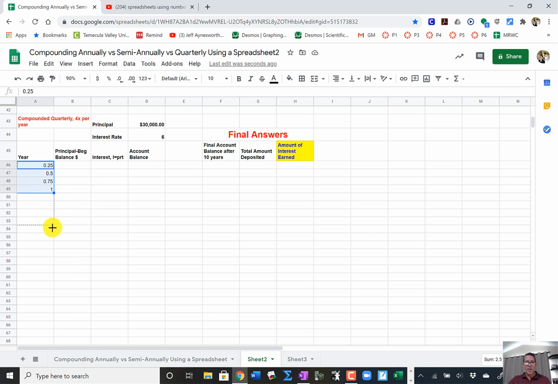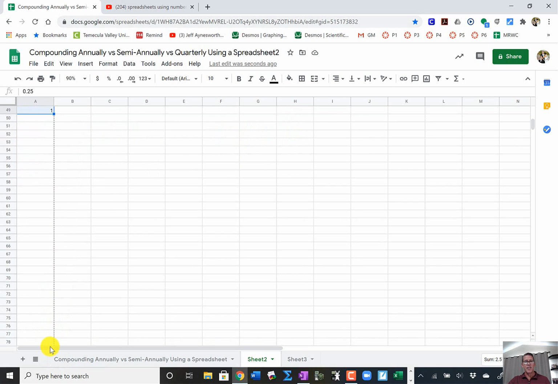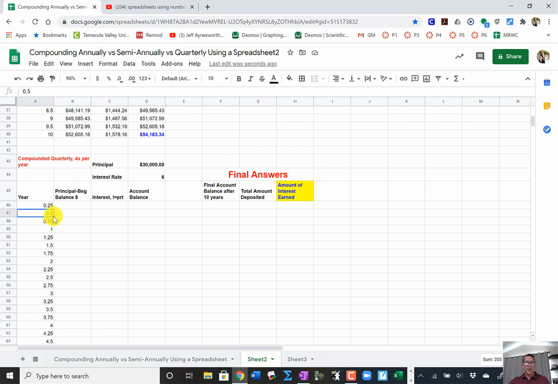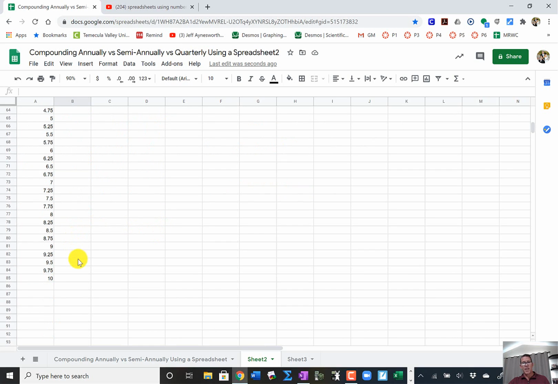So we need to copy and paste this way down here to get to year 10. Now, if you go too short, watch what happens. You only get to year 6 1/4. So you've got to get to year 10. Oh, I just got lucky right there. So notice that there's quarter increments. So you've got to go all the way to year 10. It's simple. Just click and drag.